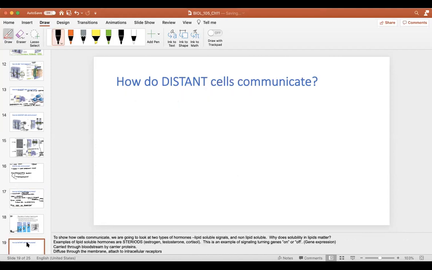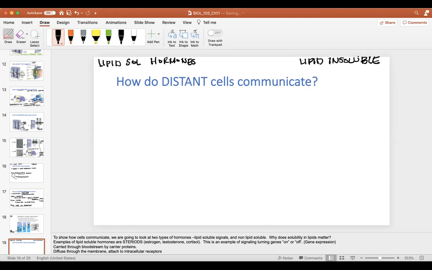So the first thing I want to do is distinguish between two different types of hormones that we're going to talk about today. We're going to talk about lipid-soluble hormones, and we're going to contrast that with lipid-insoluble hormones. And this is how your book talks about them.